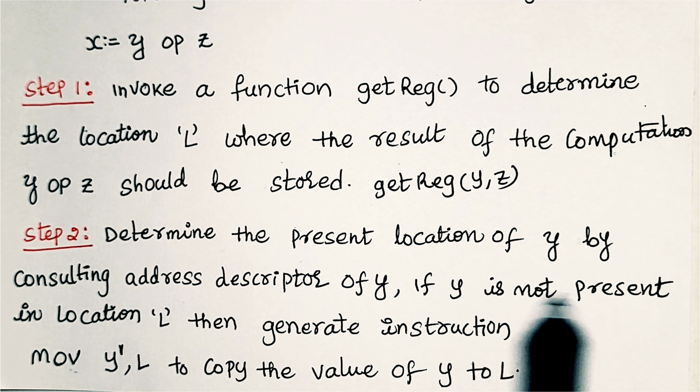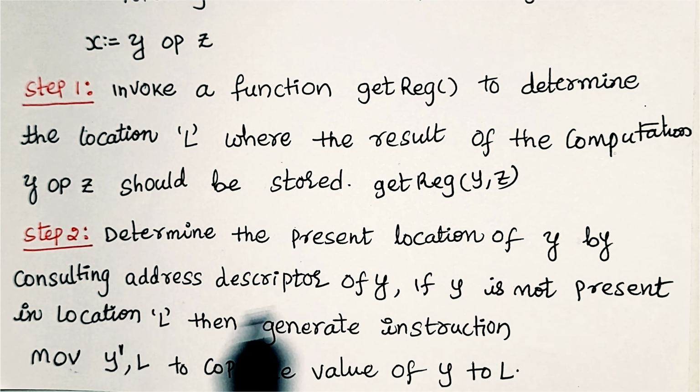If z is not present in the location L, then generate the instruction move z', L to copy the value of z to L. So initially we find the location of y in step 2, and in step 3 we find the location of z, friends.